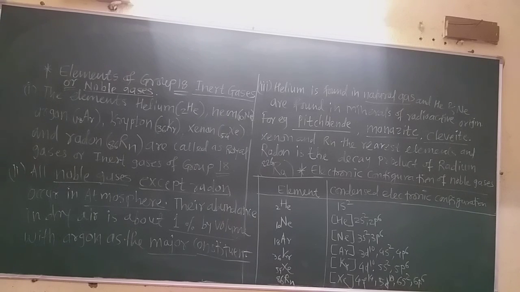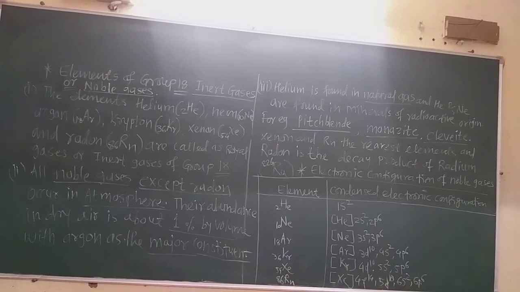And helium is also found in natural gas, and used in balloons. If we want to fly in the air, we can sit under a balloon of helium gas and enjoy the happiness of flying like the birds.